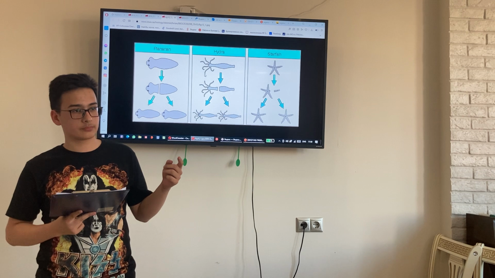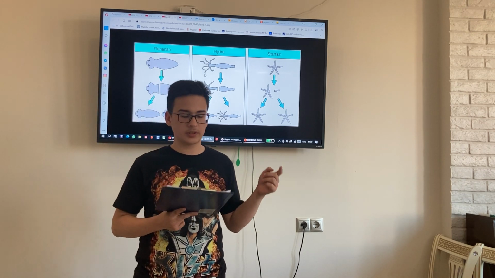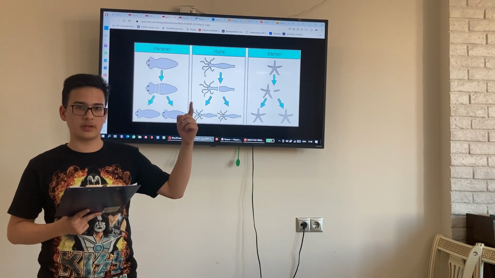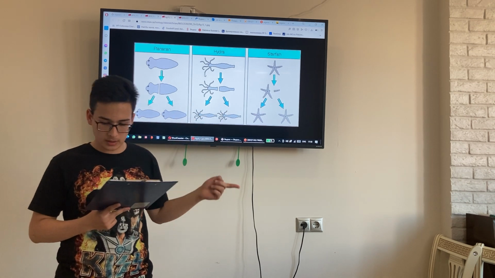And a shrimp, instead of an amputated eye, can grow another antenna in the place where it was.